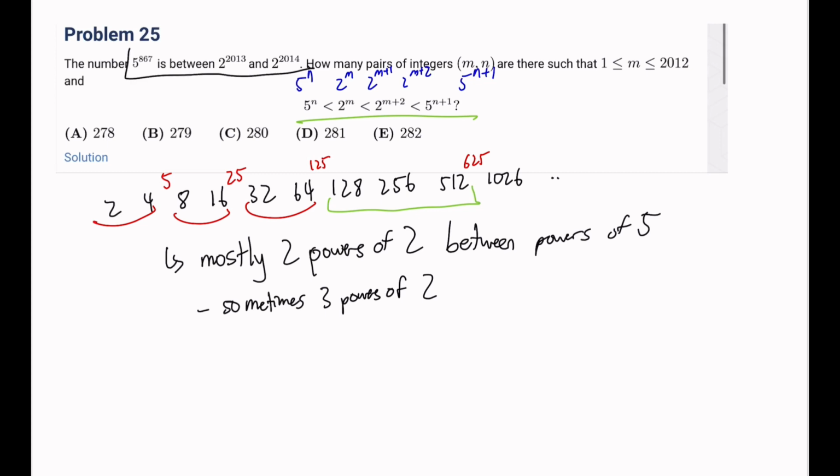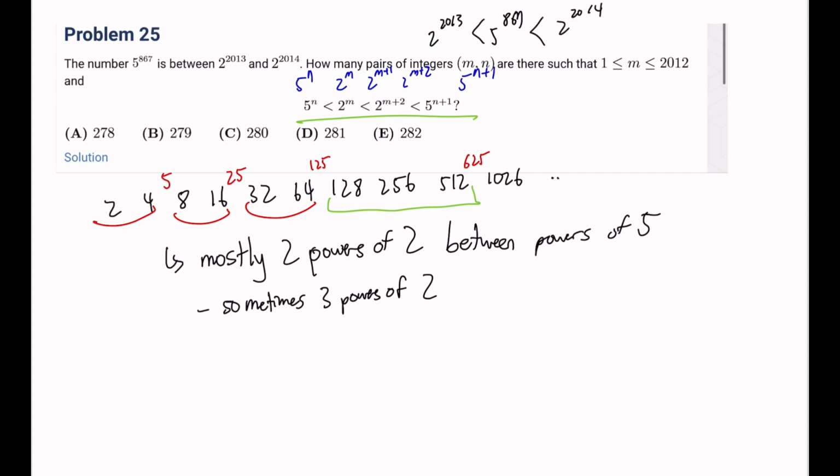5 to the 867th power is between the 2013th power and 2014th power of 2. This is 2 to the 2013 and 2 to the 2014, right?